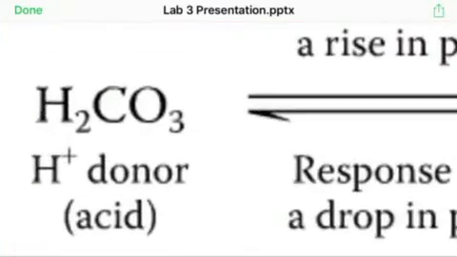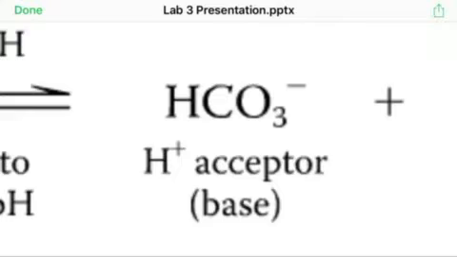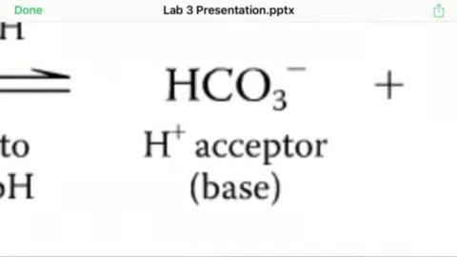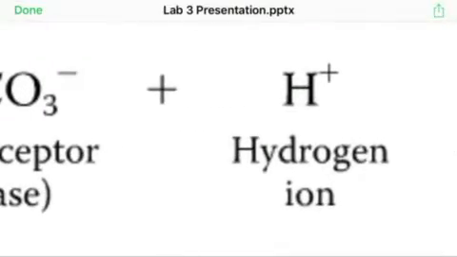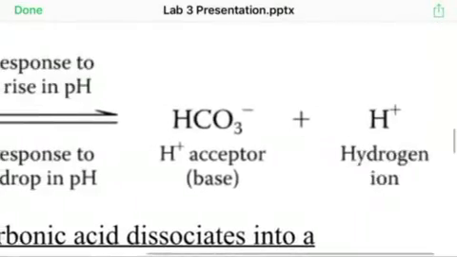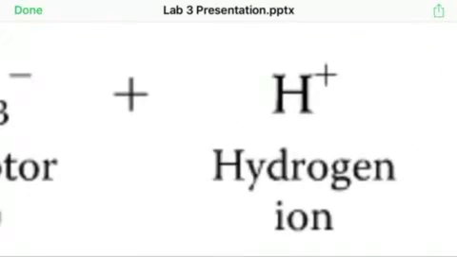So what a buffer like carbonic acid does is it dissociates into a base which can accept these H+ ions, but it also donates its own H+ ion. See, it's not an acid though, because it's an acid only if it's donating just the hydrogen ion.